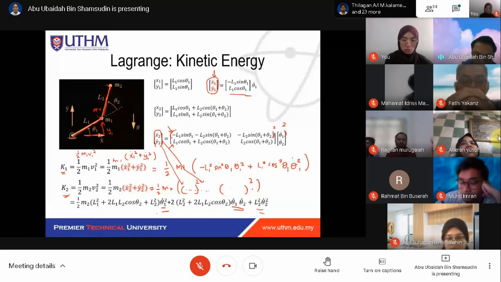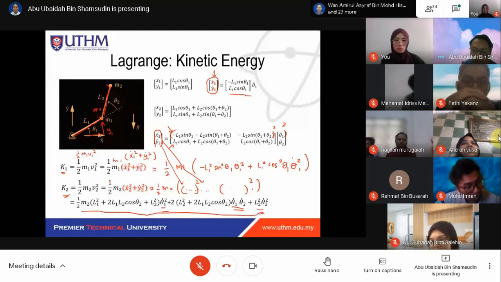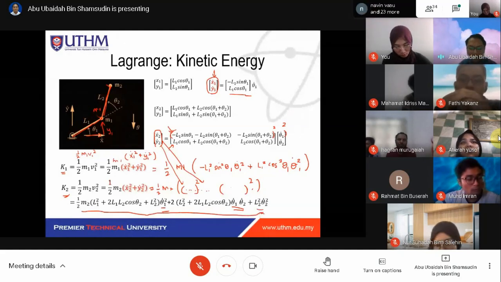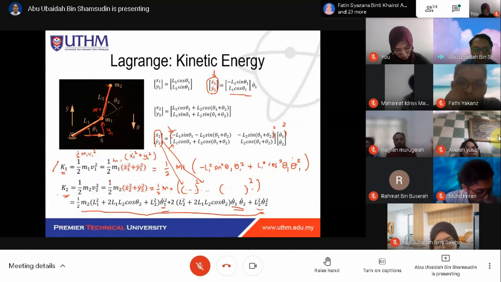So you can divide all this equation into this one, so you will get this equation. Okay, so we will not do this one because it is a bit long, but you can do it on your own. Okay, now we can have the K1 and K2.